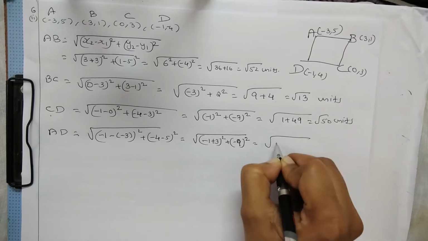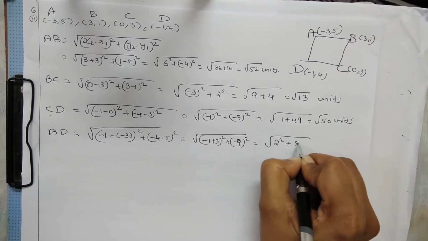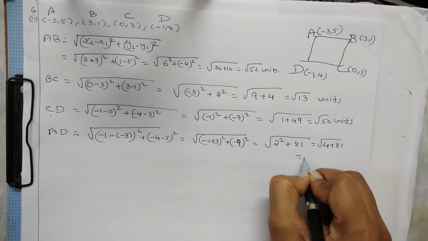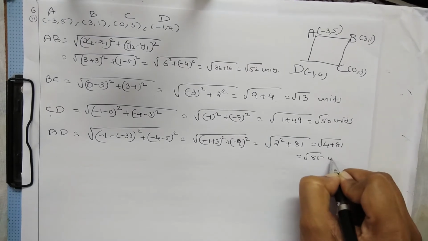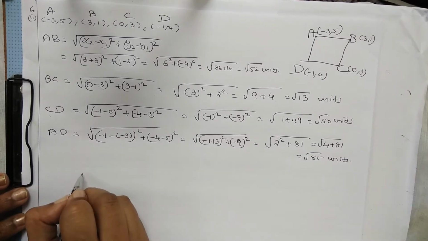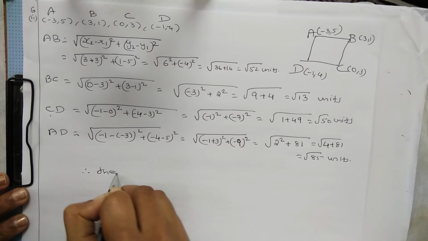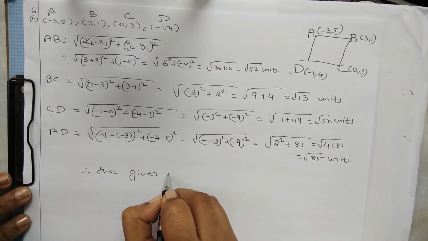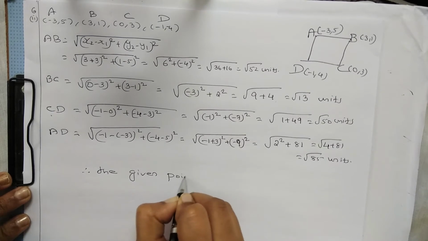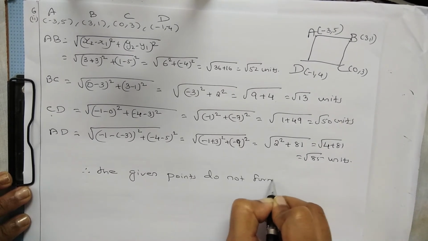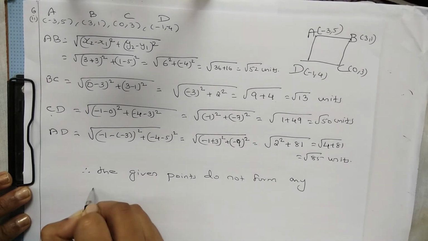That is equal to root of 2 square plus 81, that is 4 plus 81, that is equal to root 85 units. So all are irrational numbers, different sides. So the given points do not form any quadrilateral.